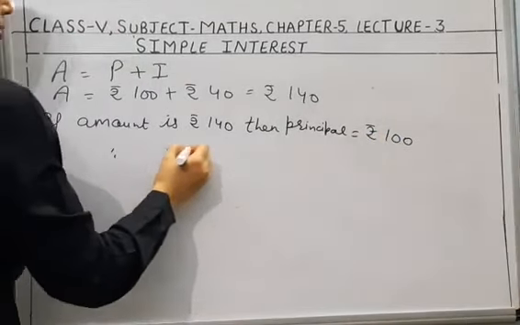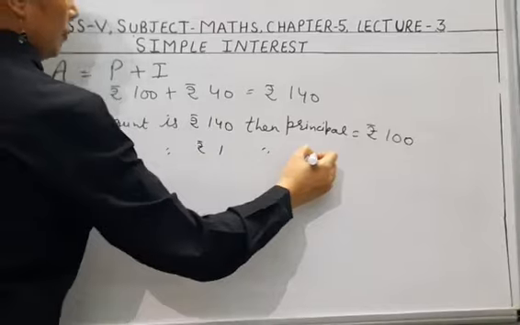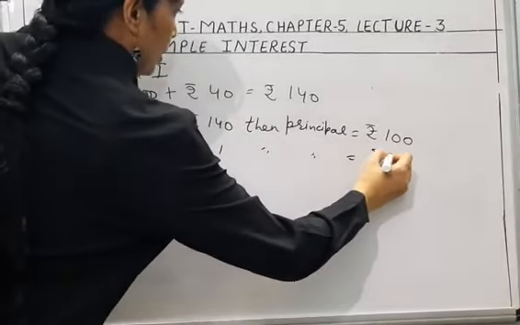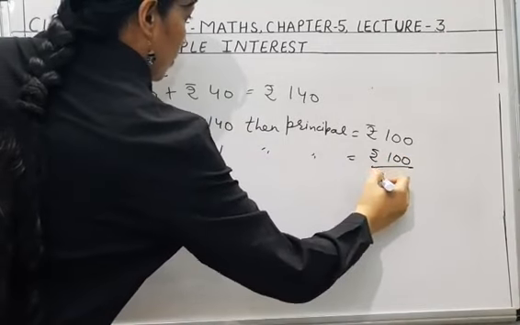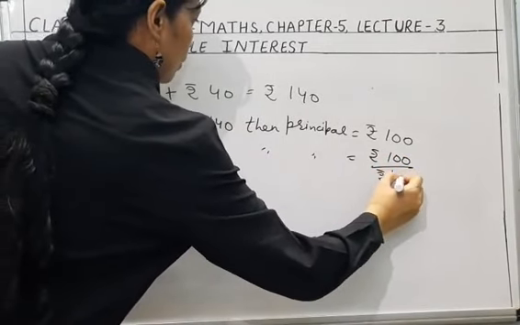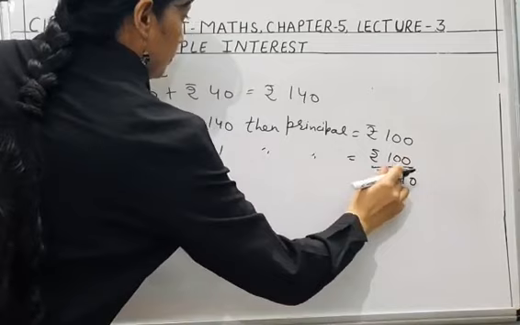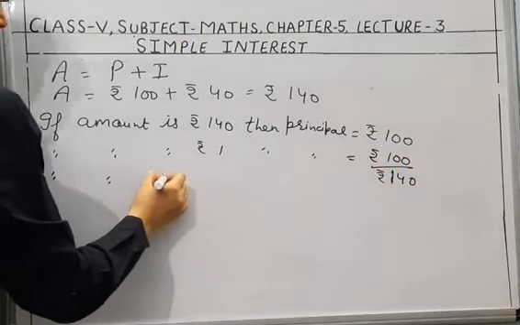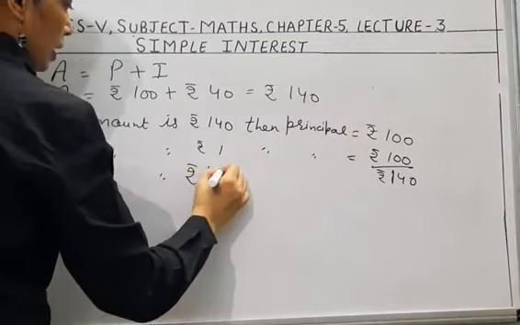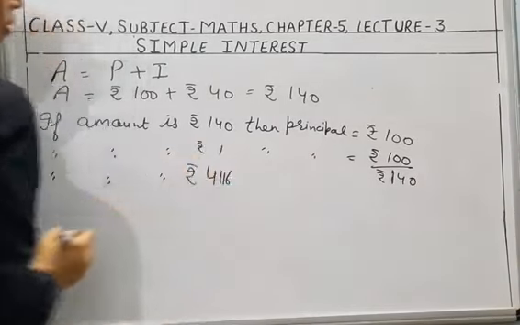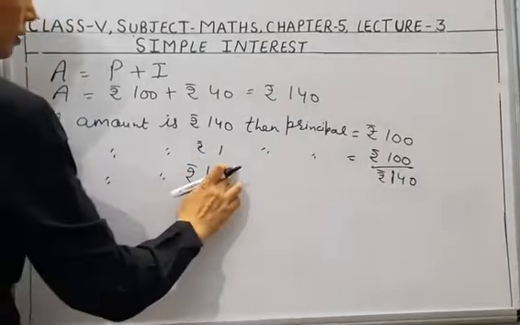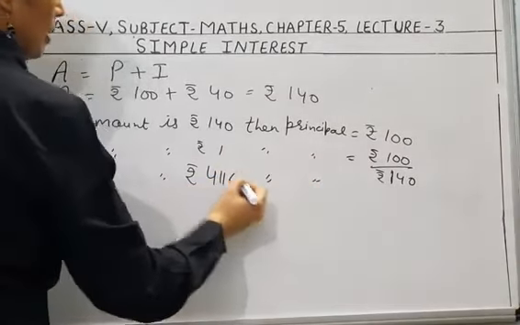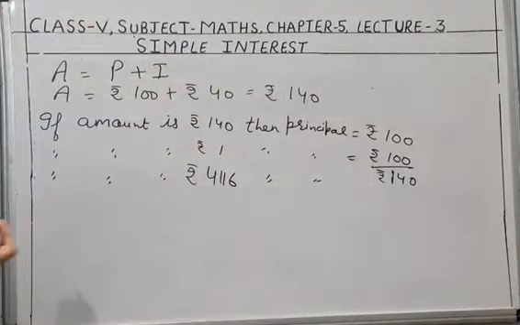If amount is rupee 1, then principal 100 upon 140. This we have done in the unitary method also. Right? Now the amount which is given in our question, 4,116, then principal. अगर ये हमारा amount है तो principal क्या होगा?